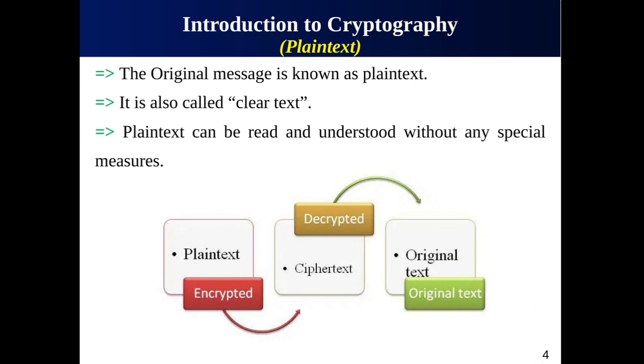Any message, any data, any information that can be read or understood without any special measure is known as the plain text. And here in this figure, what you can see on the left hand side is an example of the plain text, right? So your actual data that you want to secure is known as the plain text.